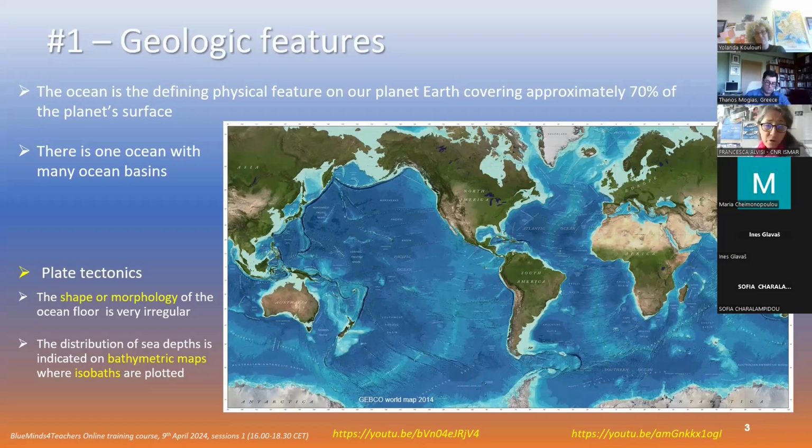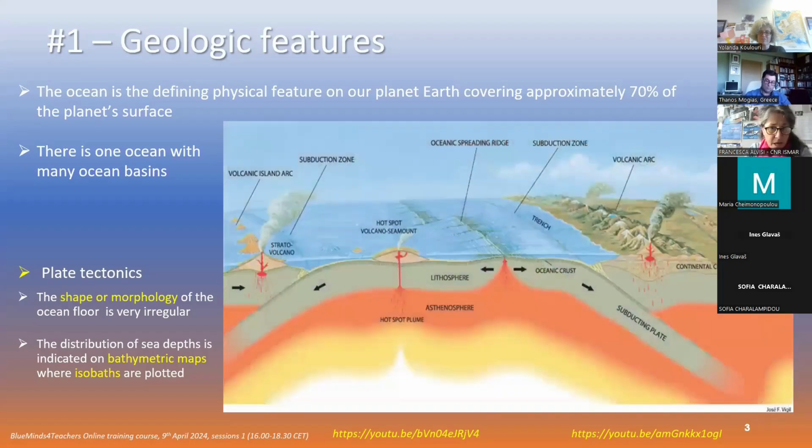And if we want to indicate the depth of the ocean, we can use bathymetric maps. That means that we calculate the layers or levels from 0, that is the sea level, going down, below sea level, and they are called bathymetric lines or isobaths. Plate tectonics is one of the most important concepts and processes to learn about.